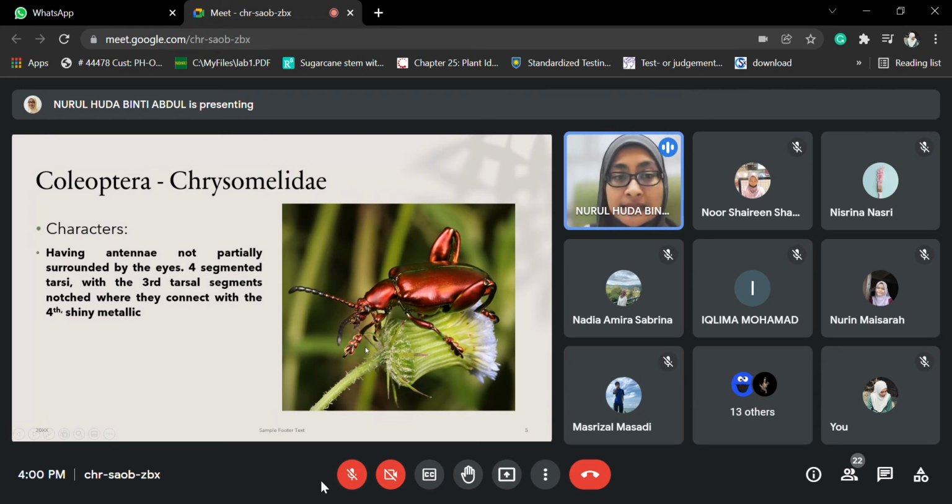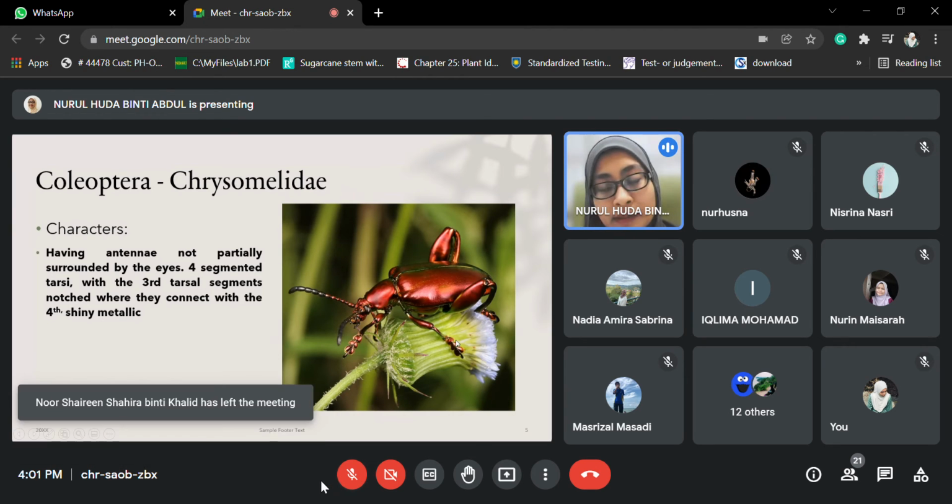Since dia kata the last segment, which is the third one, okay, kalau kira dari depan lah, dari tarsal ni, yang ke fourth ni yang bersambung dengan tibia, actually 3 dan 4. Okay, maksudnya there are some small part here, I'm not sure whether you can imagine or not sebab gambar ni memang tak clear lah.